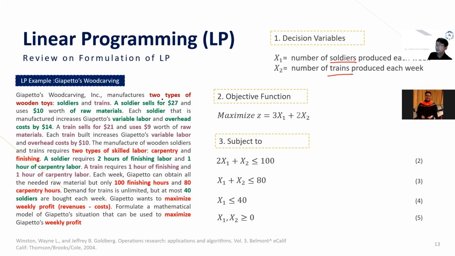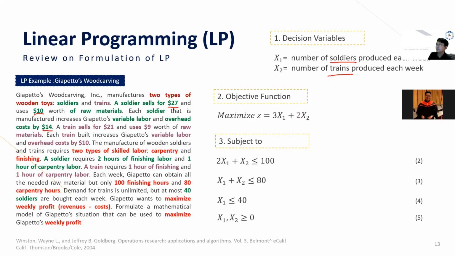The revenue of selling a soldier is $27. The costs related to making one soldier are $10 of materials and $14 of variable costs related to labor and overhead.